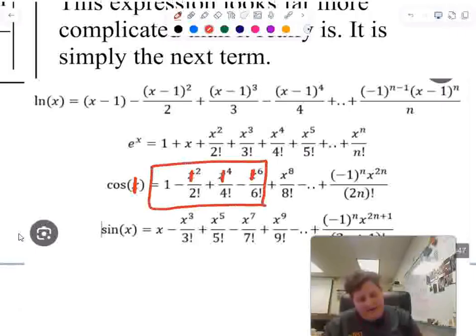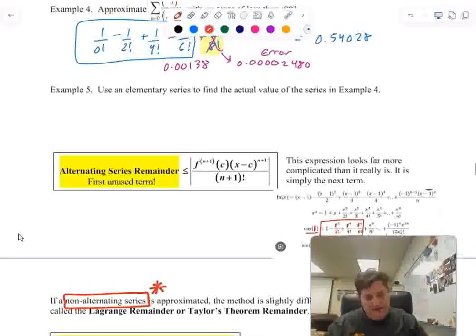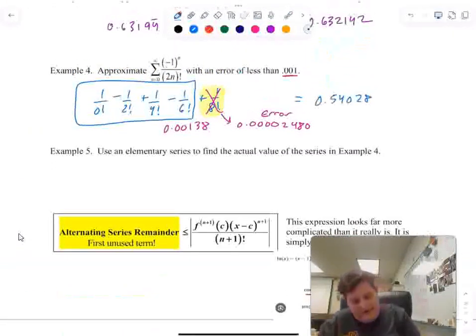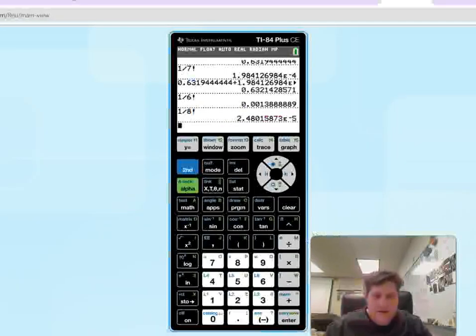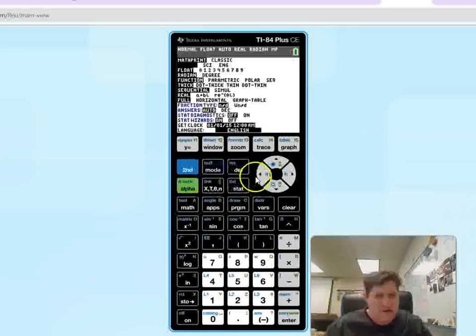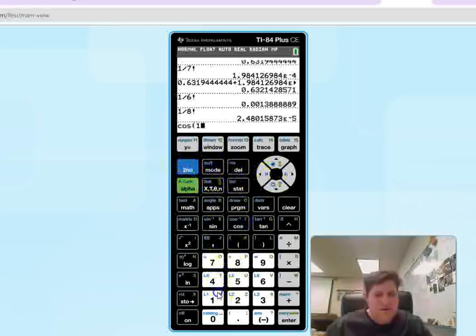So we were going up to that point, but to find the actual value all the way out to infinity, we'll just say that it's cosine of 1, because this is an elementary series for cosine, and it's cosine of 1. Now, when I go and type that in, let me make sure that I'm in radians here, which is what I want, and I just type in cosine of 1. This is what I get.